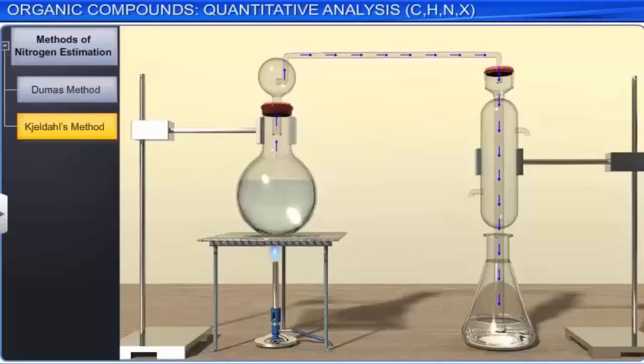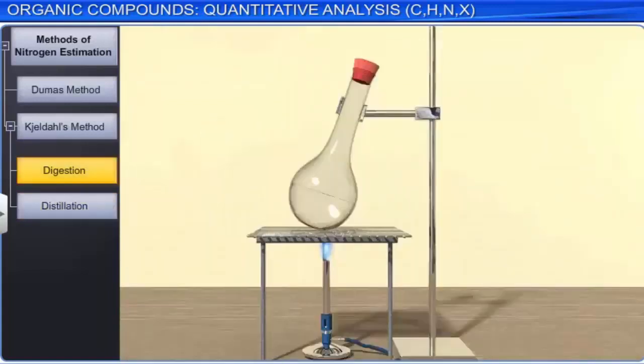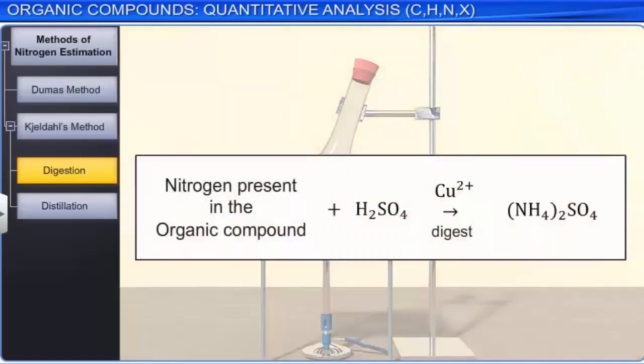Nitrogen is also estimated by another method known as the Kjeldahl's method. The method can be divided into two major stages, namely digestion and distillation. During the digestion stage, the nitrogen present in the organic compound is converted into ammonium sulfate.